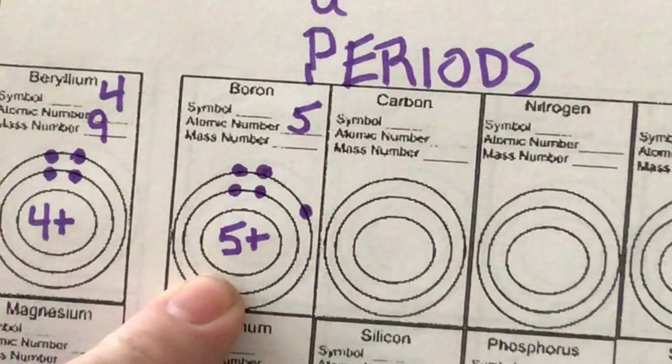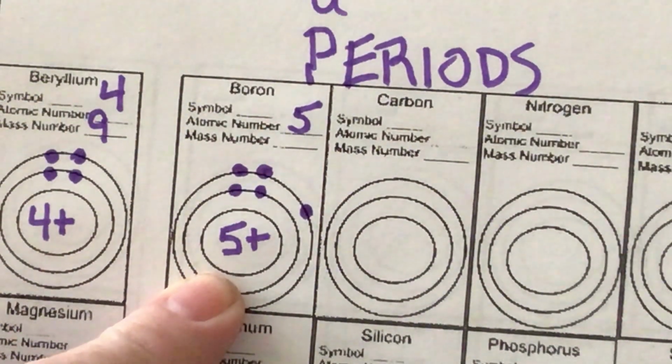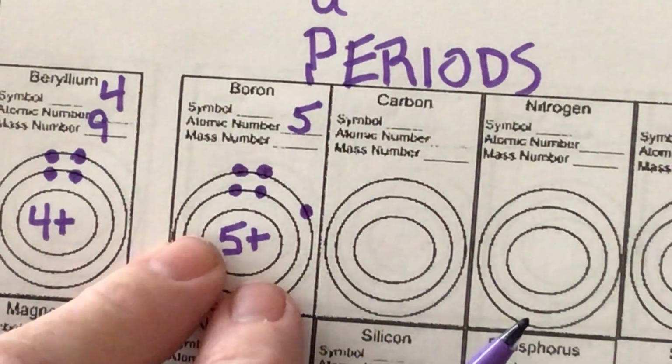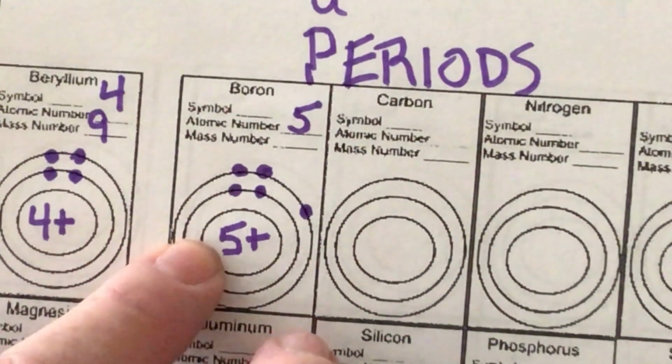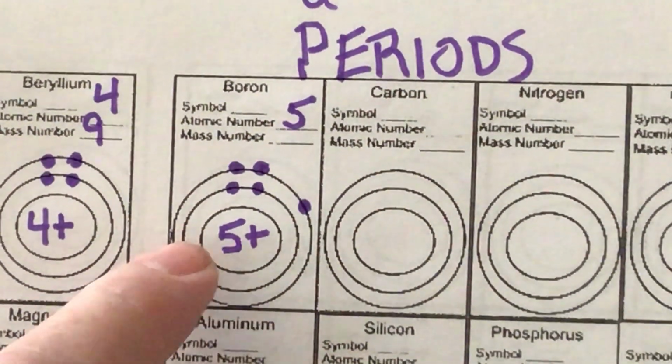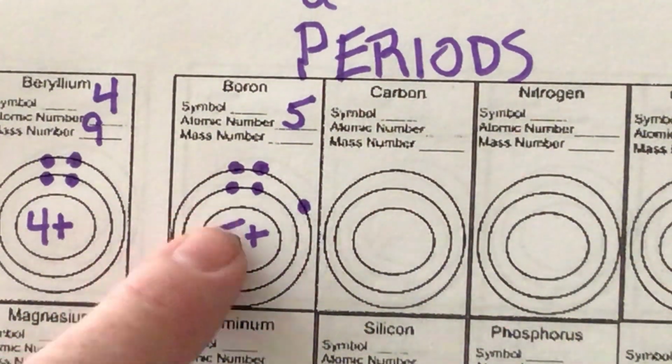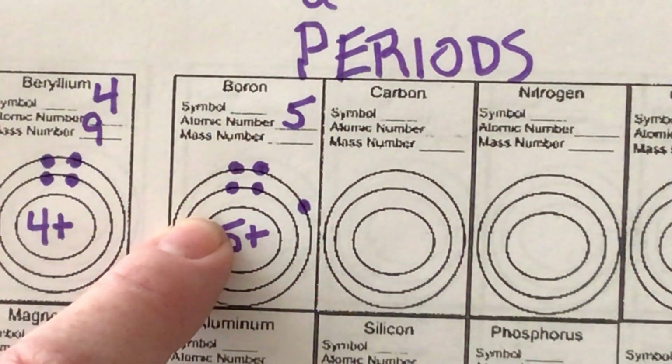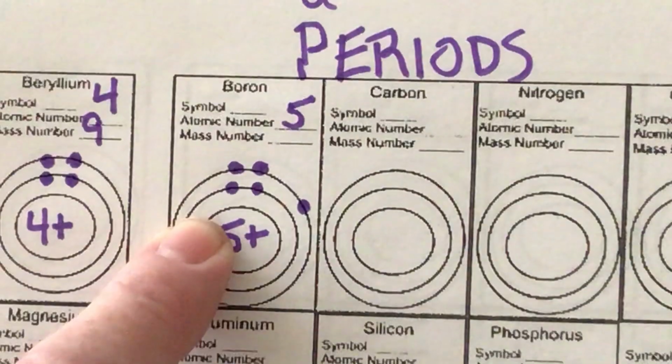Now, boron's mass is 10. So how many neutrons would there be? We have to add up to 10 in the nucleus. So show me fingers. How many neutrons? Yeah. Good.